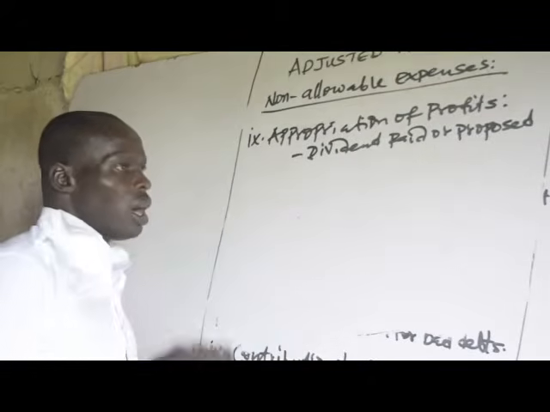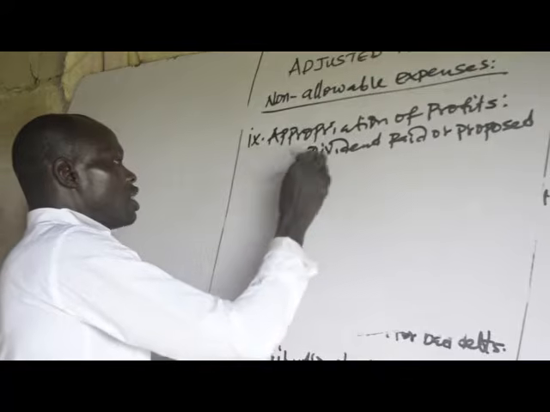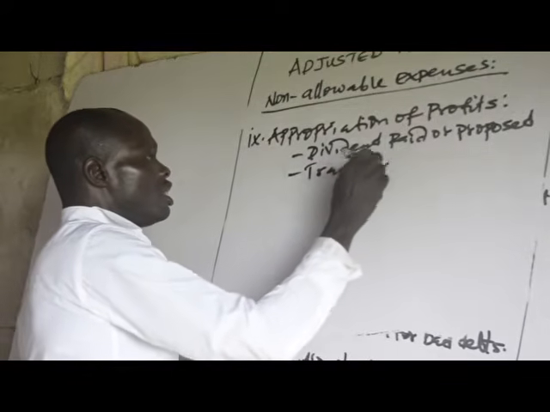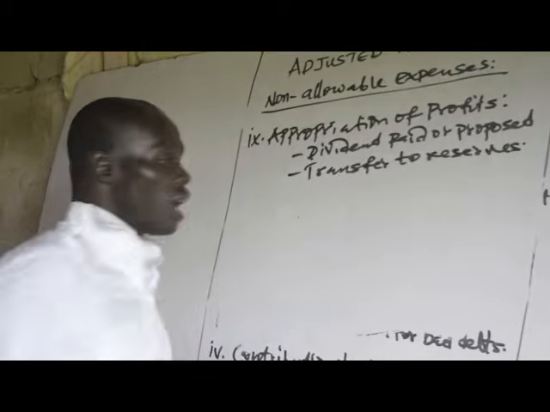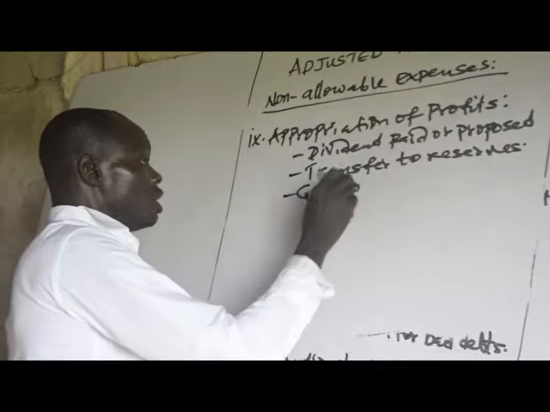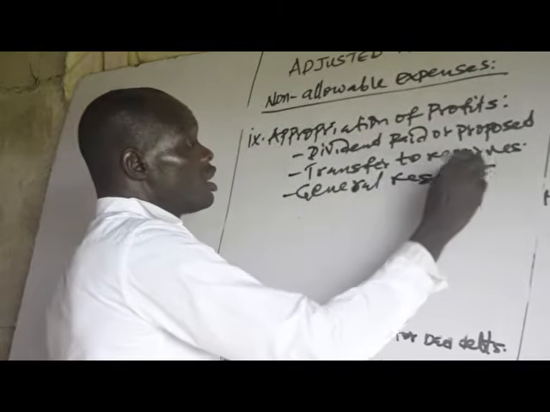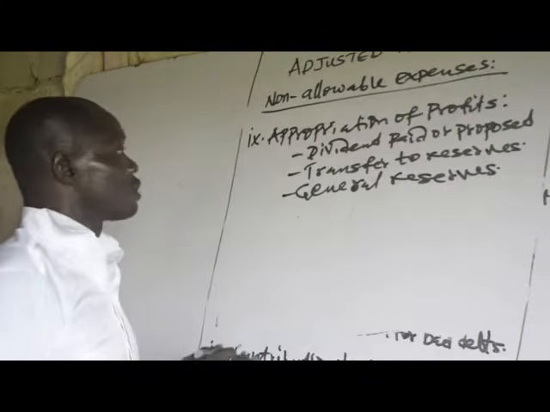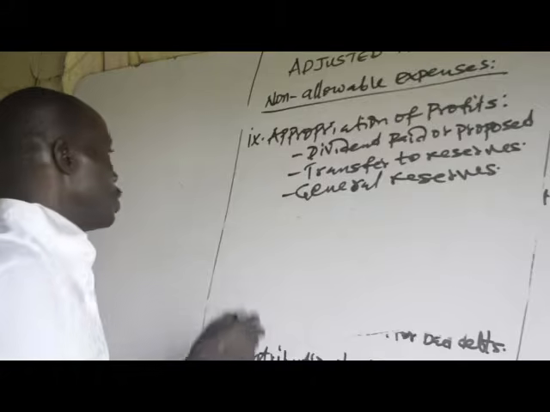Dividend paid or dividend proposed are not allowable. Transfer to reserve. Transfer to reserves is not allowable. Even general reserves, or reserves in whatever form, they are not allowable for tax purpose.